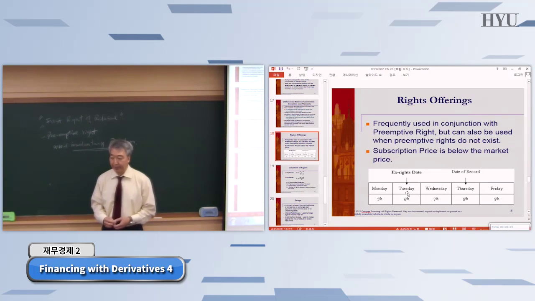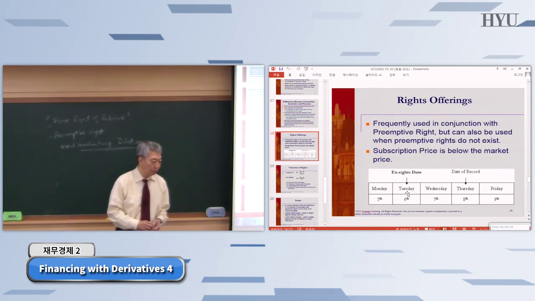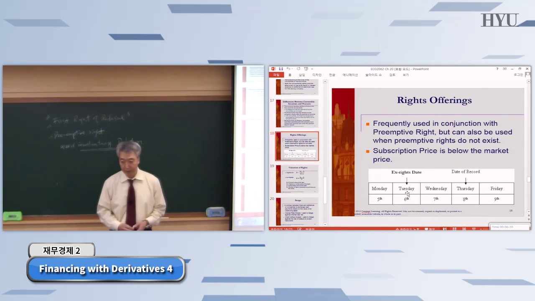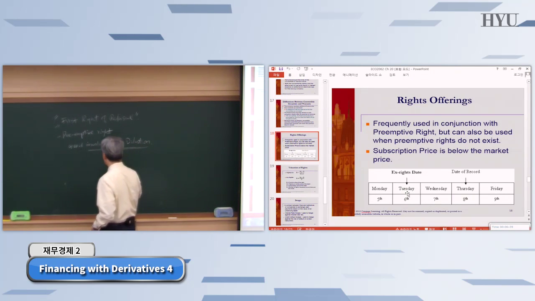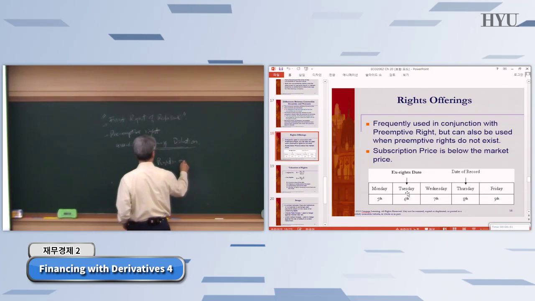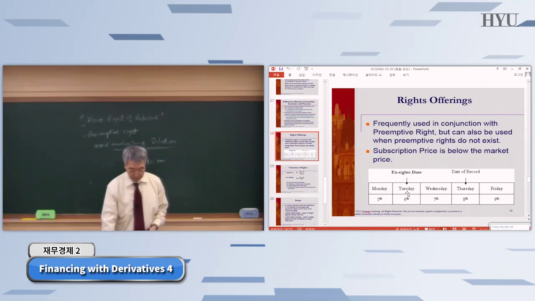Okay? And so once the company announces the new issue of the right, then the stock price will be called the rights-on price. Okay? And rights-on price will continue until the ex-rights date. Okay? So on the 6th. Okay?